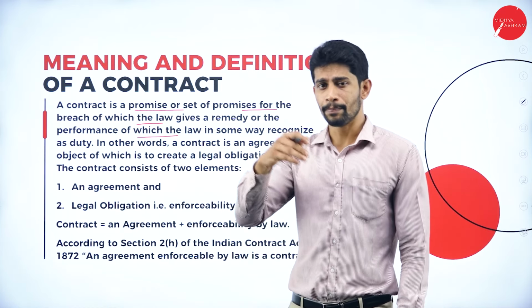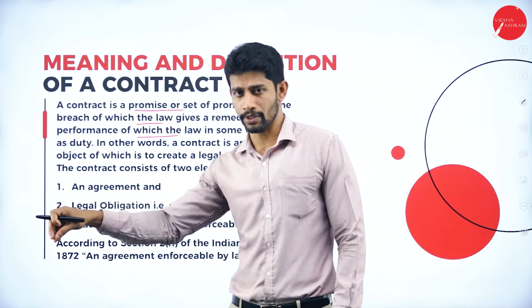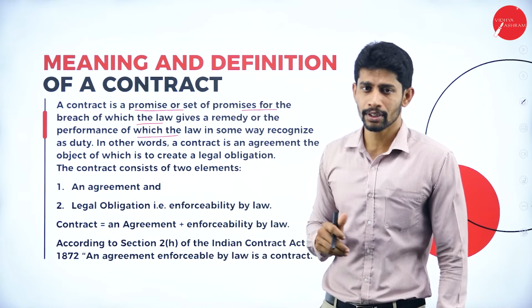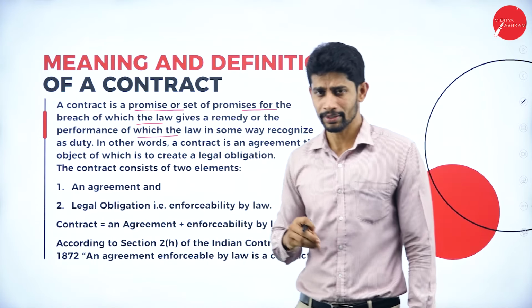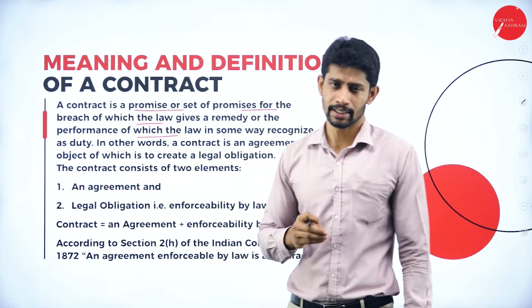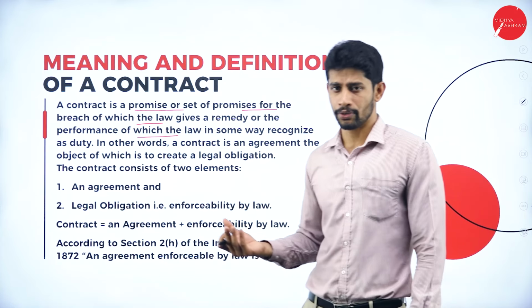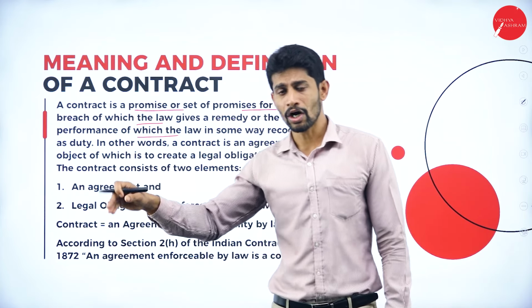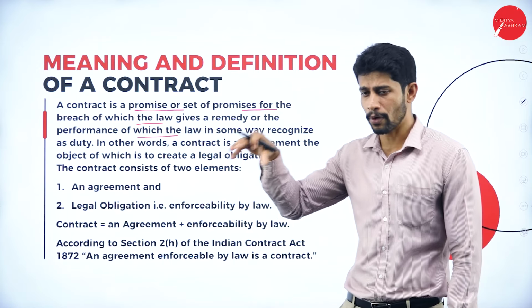So here a person is going to promise to another person, and with the help of the law, that is the Indian Contract Act, we are going to perform our duty, whether you are a seller or a buyer. So you are bound to that.